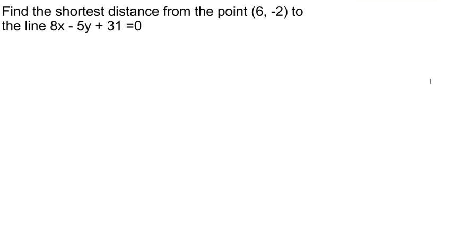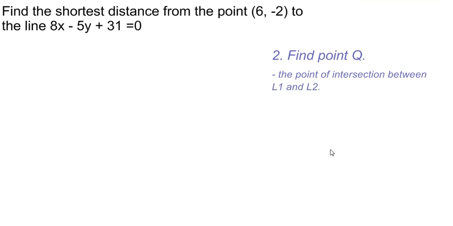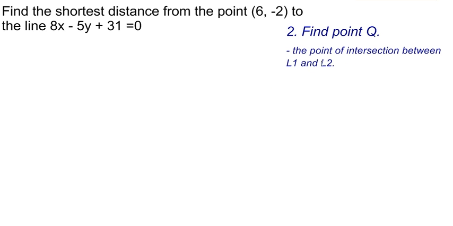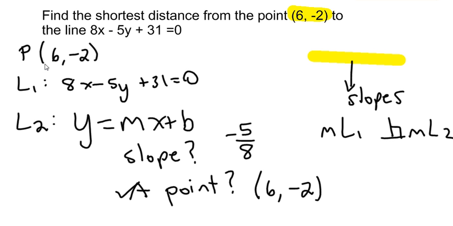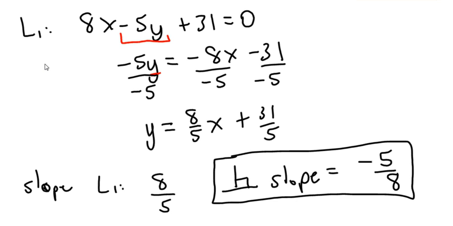So what's part 2? Do you remember? Now that we found line 2, we need to find point Q. Point Q is the intersection between line 1 and line 2. So let's go back and review. What does line 1 look like? Here's the equation of line 1 right here.